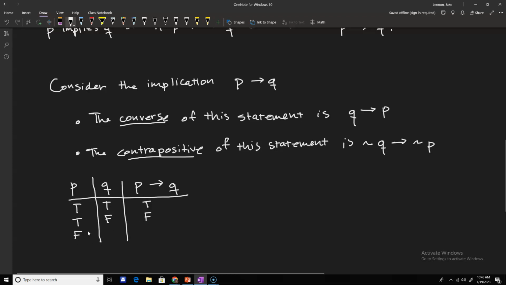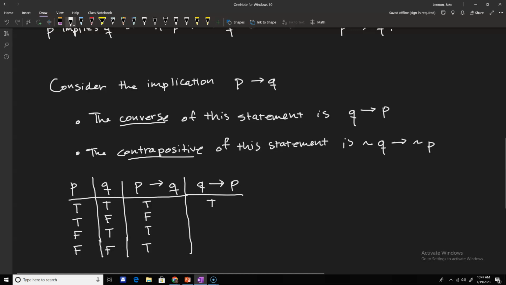And if your hypothesis is false, anything you say about it is true. So this was the truth table we saw for P implies Q. Now if we add a column and do the reverse, Q implies P, our hypothesis is now Q. In this case, you have a true hypothesis, Q, implying a true conclusion, P, so this would be true.